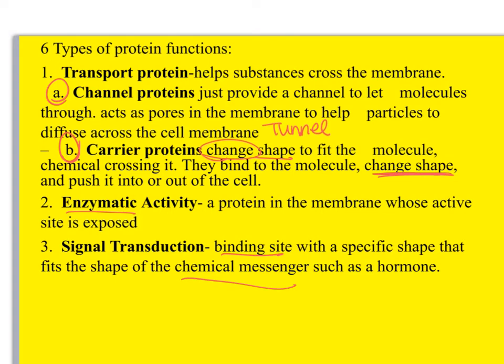So this would be like the enzyme, and this would be like the substrate, how the active site's exposed and it fits just perfectly. It's kind of the same way with these signal transduction proteins, except instead of a substrate, it's going to be for a chemical messenger like a hormone to attach to. And certain hormones only act on certain cells. So, anyway, it's basically a place for a hormone to connect to.